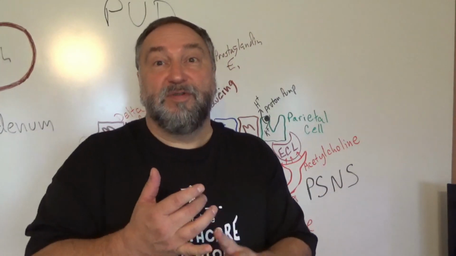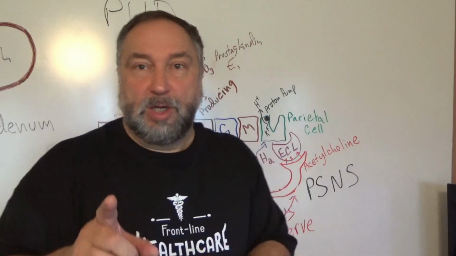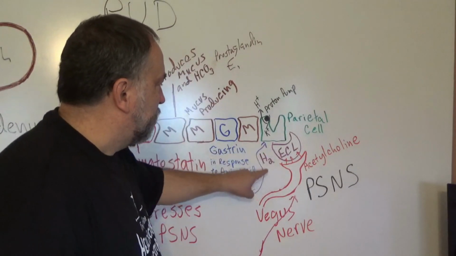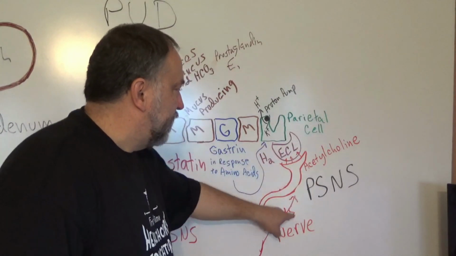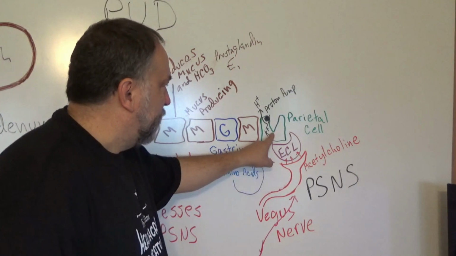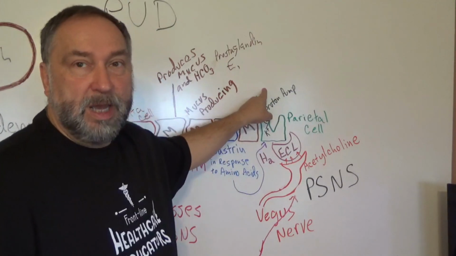So a lot of times after surgery, they will prescribe an H2 blocker. H2 blocker, histamine 2, right? I talked about histamine 2 carries this message. It gets stimulated from the parasympathetics. The ECL cell releases histamine, it goes up here and stimulates the parietal cell proton pump to release acid.